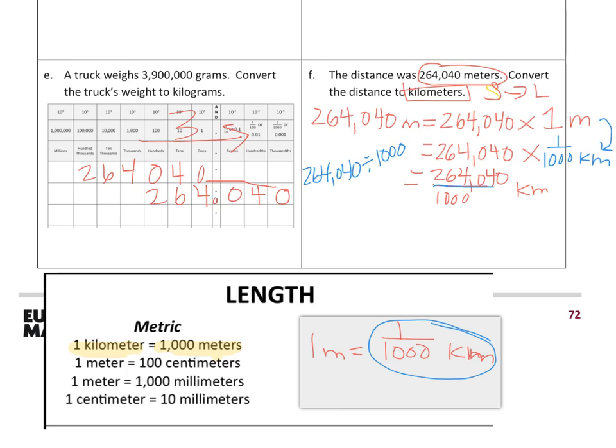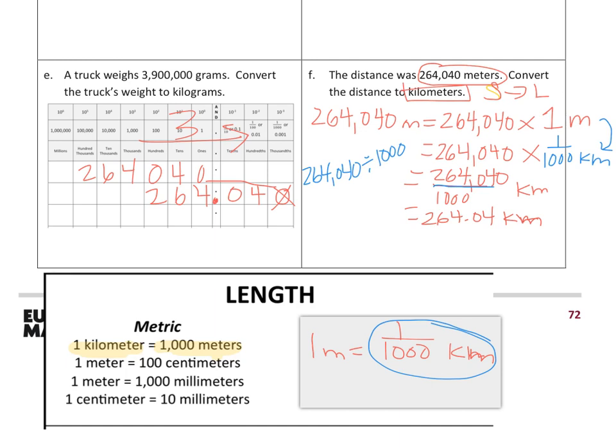I need a decimal point after the first 4. And the only digit I do not need is this 0 in the thousandths. I do need this 0 in the tenths. I can't take it away and have it be blank. So, as a decimal, my answer is 264 and 4 tenths kilometers. That M is kind of sloppy.